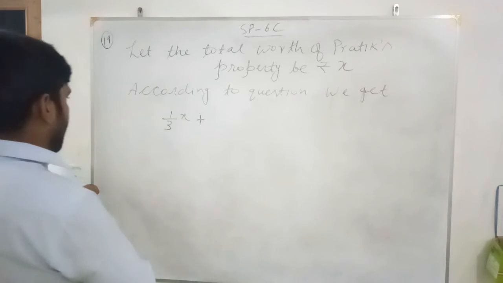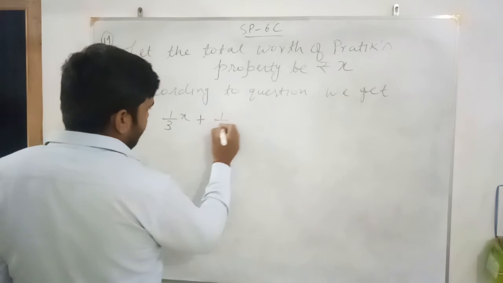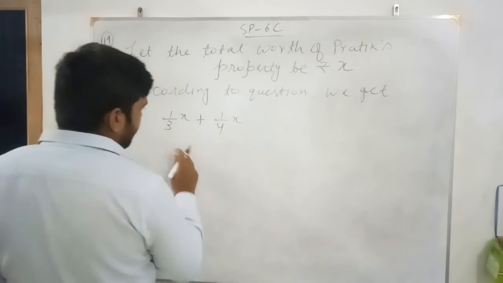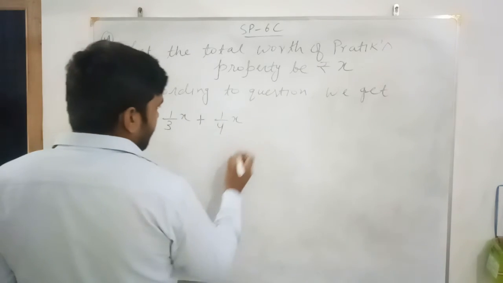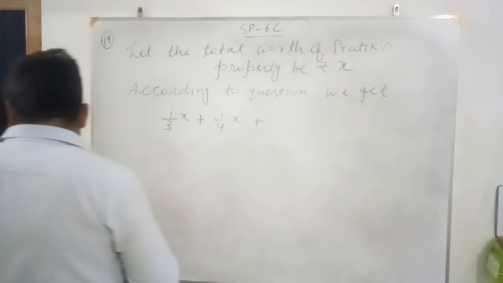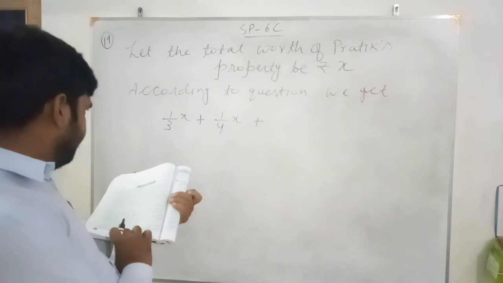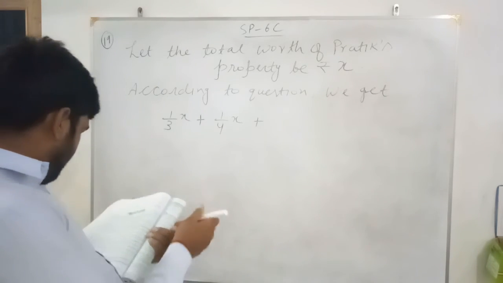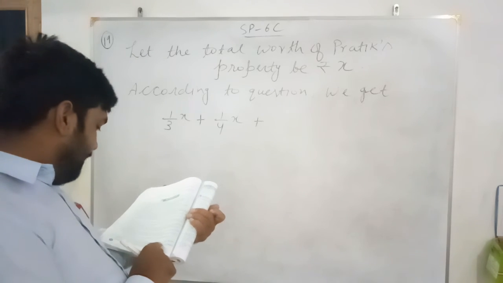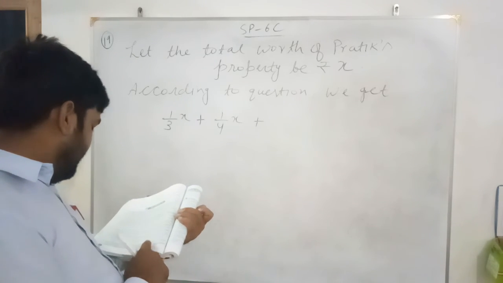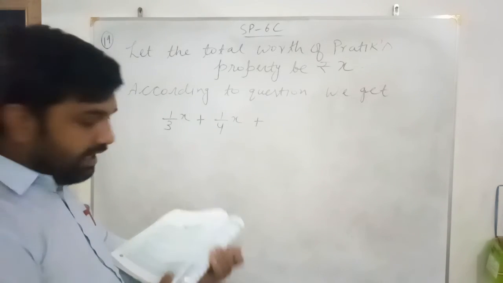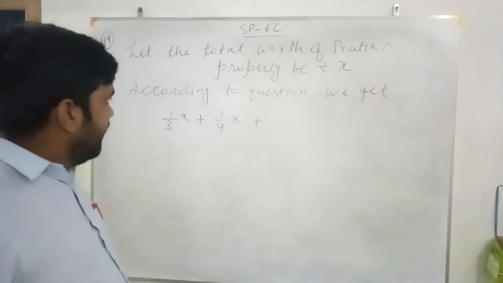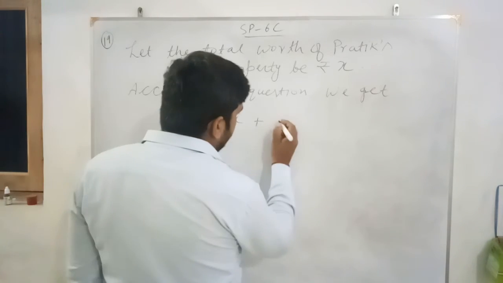1/4 of the total property he left for the daughter, and the remainder for his wife, and the wife's share in the property is rupees 10 lakh.